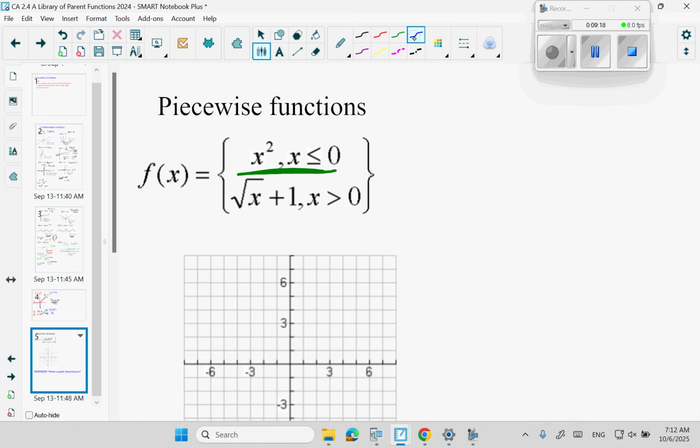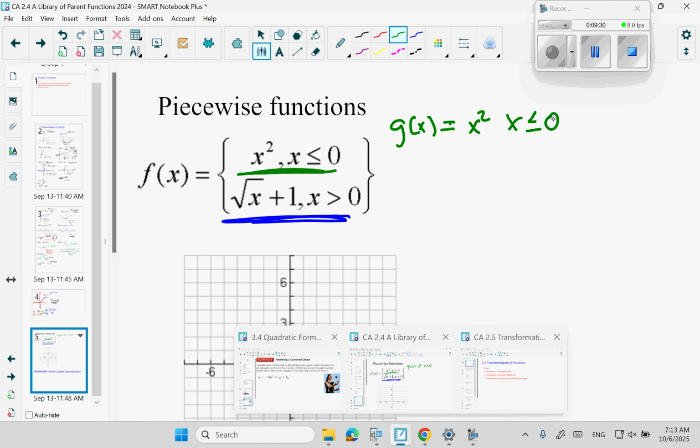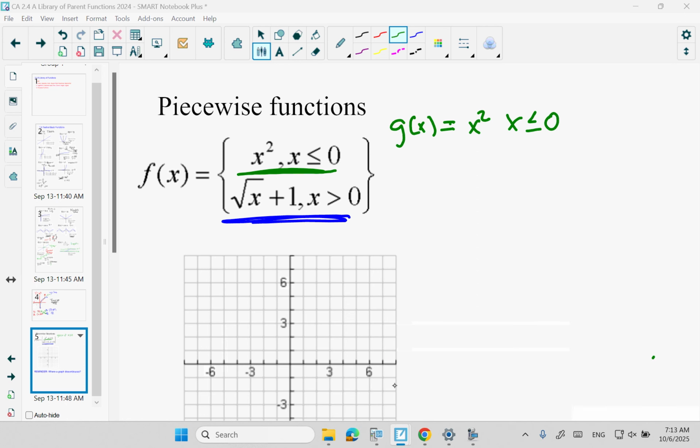I'm going to use two different colors to represent them. Let's start with this first one. I'm going to call this one g of x, just for extra labeling, equals x squared when x is less than or equal to 0. We also have h of x equals square root of x plus 1 when x is greater than 0.